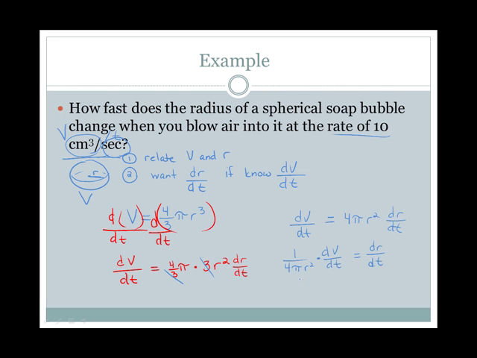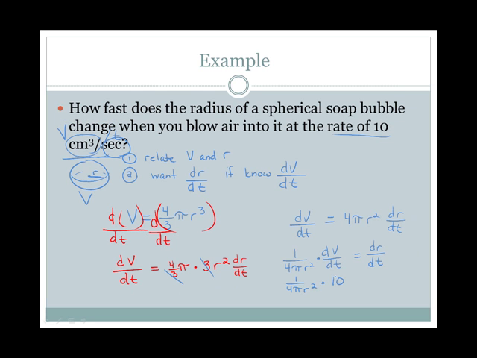So we're going to plug in dV/dt, which is 10, and that will give us our dr/dt. And so really, you can clean that up a little bit. You get 10 over 4 pi r squared. You could clean that up, make it a fraction, but that's your dr/dt.